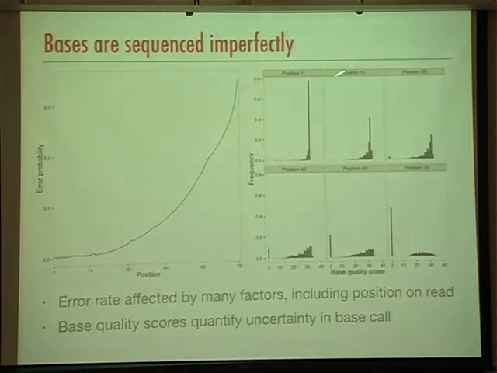And then as we move along, position 15, 30, 45, 60, 75, the error rate starts to shift down into the 1 in 100 range of a base quality score of 20, and even the 1 in 10 range of a base quality score of 10. These base quality scores of 2 are the scores that the Illumina sequencing algorithms give when a base is deemed unusable. So you see more and more of these unusable reads.